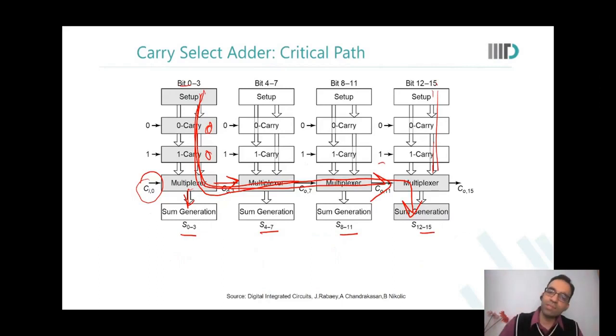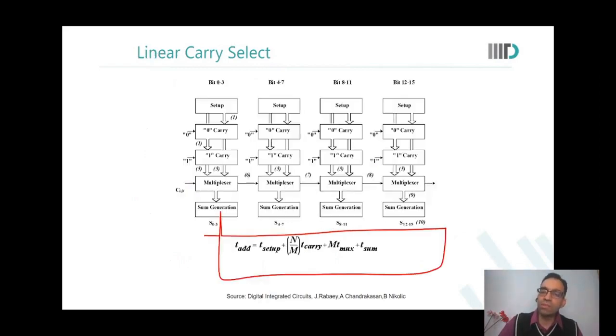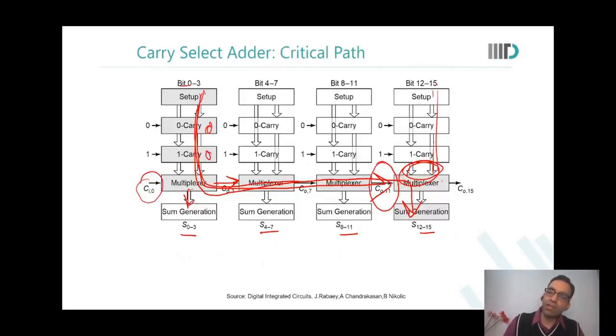So by the time this carry output C11 comes, I would already be waiting at the input of the multiplexer. So I say, why wait? Instead of calculating a ripple across 4 bits only, I actually have more time now. So I can calculate ripple across 5 bits or 6 bits.